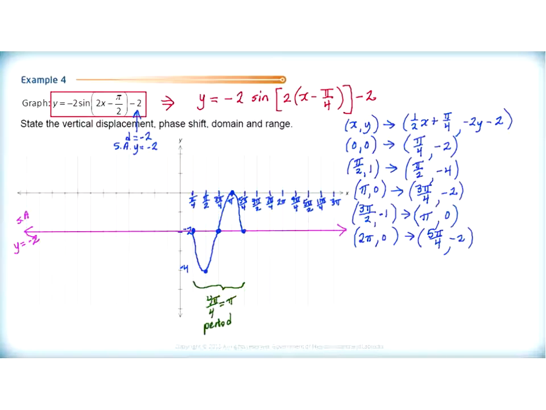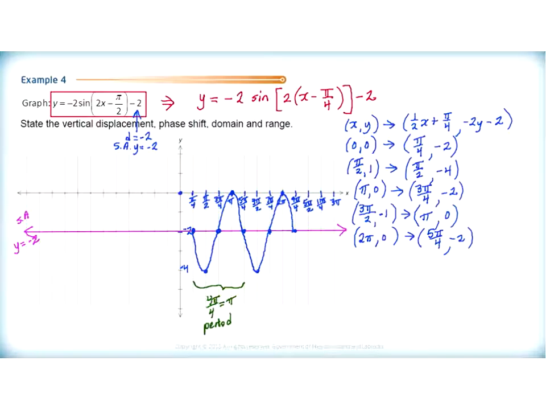At 3 pi over 2, the y value will equal -4, then (7pi/4, -2), (2pi, 0), and (9pi/4, -2). So this would represent another cycle of the transformed graph. And we could do the same thing in the negative direction.